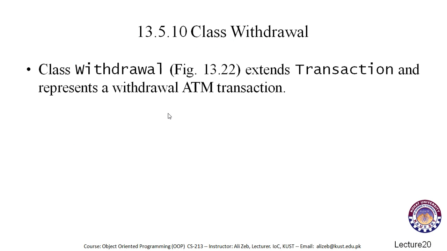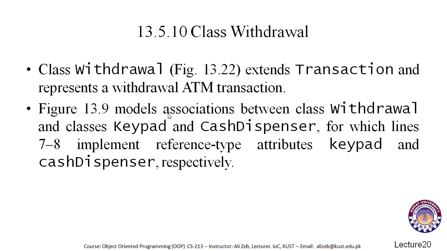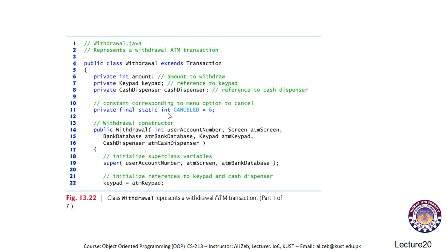The Withdrawal class extends Transaction and represents a withdrawal ATM transaction. Figure 13.1 models the association between class Withdrawal and classes Keypad and CashDispenser. Lines 7 and 8 declare reference type attributes keypad and cashDispenser respectively.